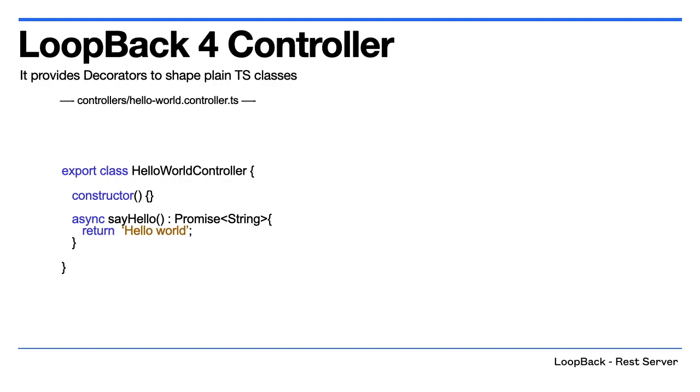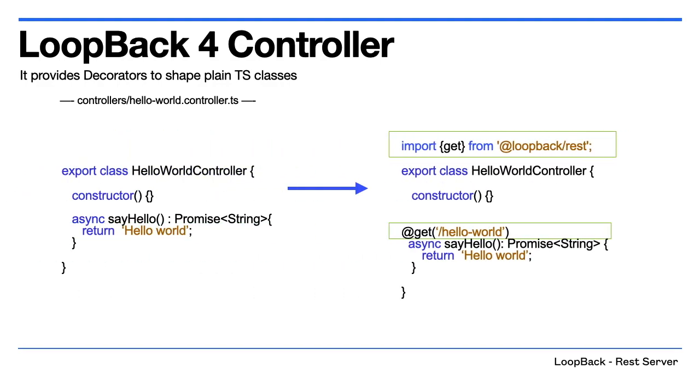Now, how can we take this class and convert it into a LoopBack 4 controller? Well, it's very simple. With two lines of code: first we import the get from the LoopBack REST, and then we decorate the asynchronous sayHello with the path at which we would like the application to serve and call this sayHello. Very simple.